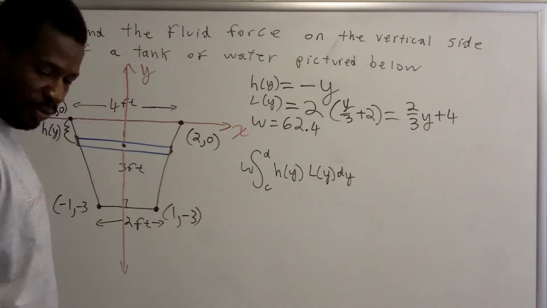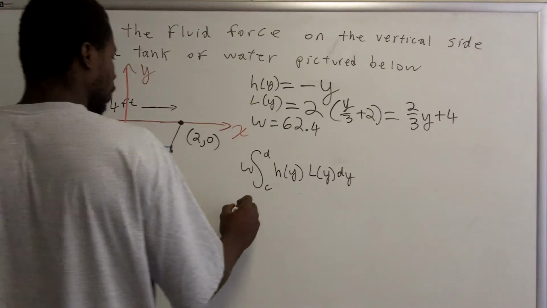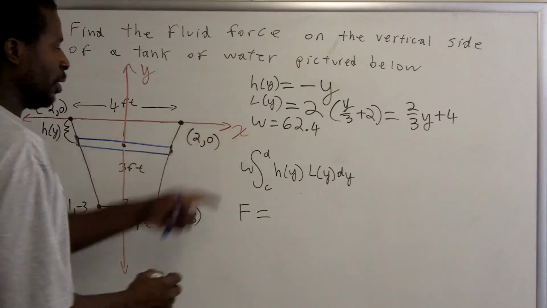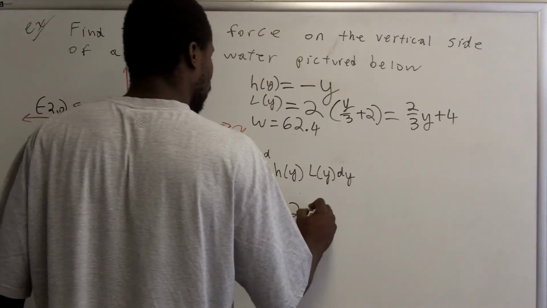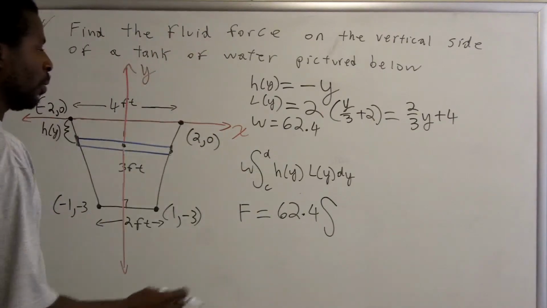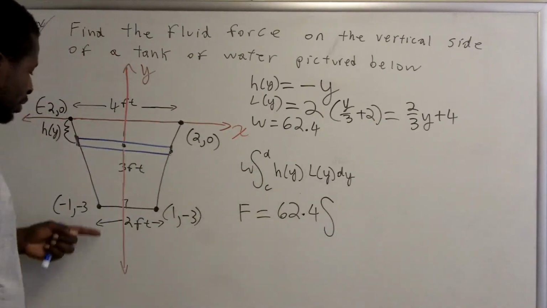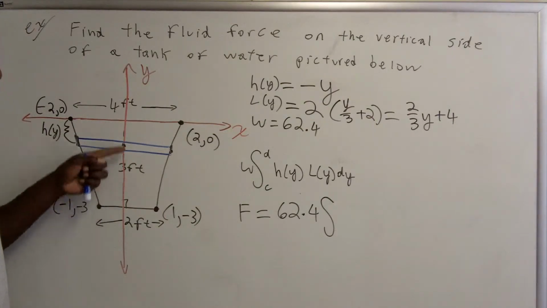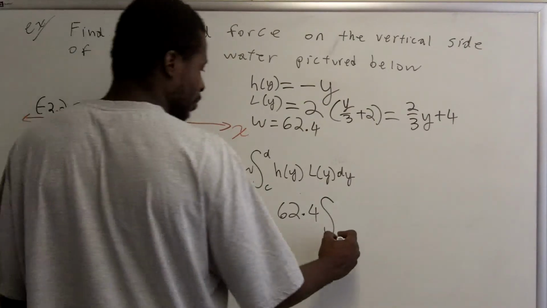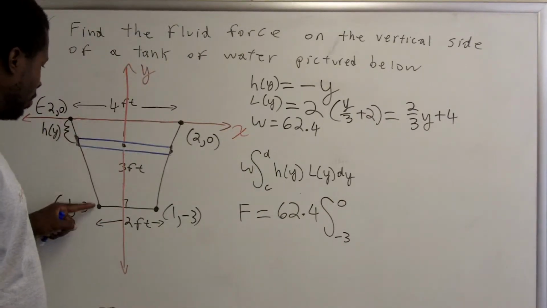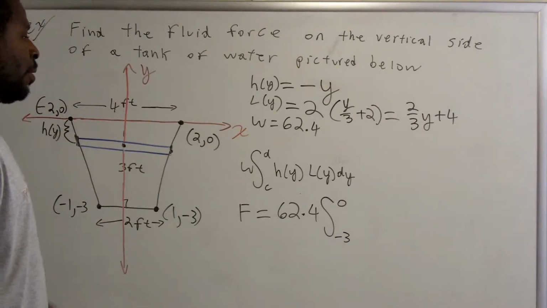Well, here's the formula for the fluid force. The fluid force is going to equal omega, which is 62.4, times the integral from c to d. We're integrating with respect to y, so c to d is going to be from negative 3 to 0, because we want to integrate along this entire region from the bottom of the trapezoid to the top.